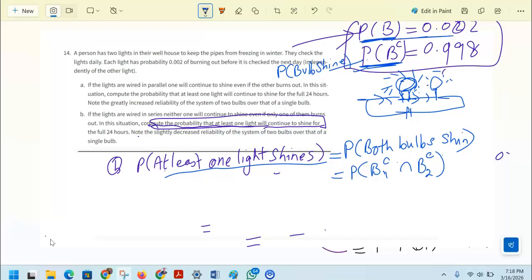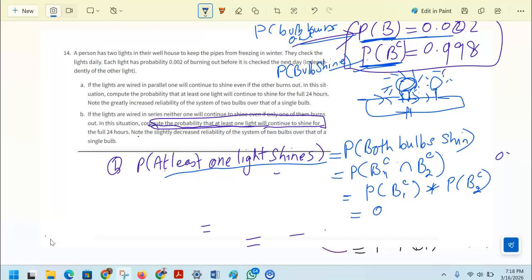This is if the bulb burns out. This means the probability that the bulb burns out, right? So by the multiplication rule, because both bulbs are independent of each other, we write probability of B1 complement times probability of B2 complement, the second bulb complement.